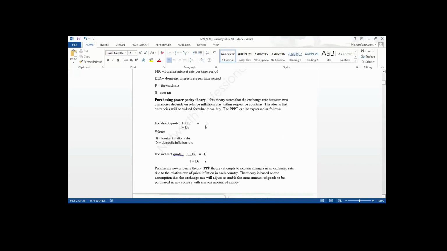We now want to hedge today using forward markets. The examiner will now ask you to determine the result of the hedging.